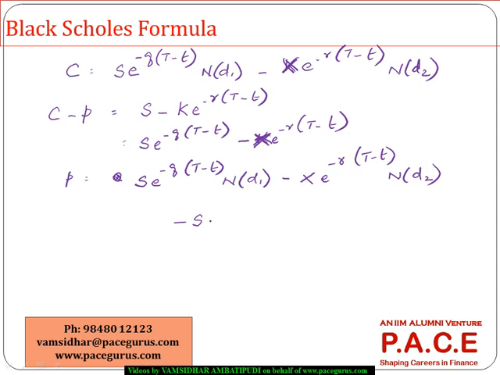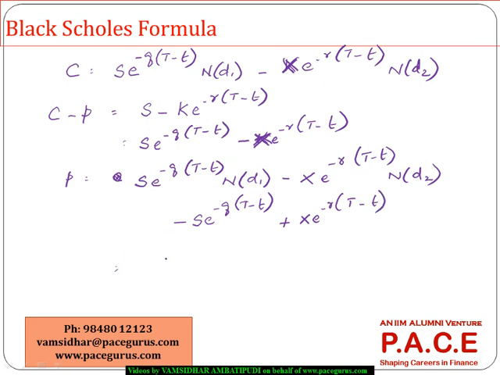So I'll write it as C, minus S e power minus q(T minus t), plus X e power minus r(T minus t). This is the expression.